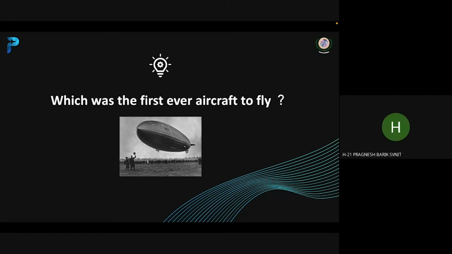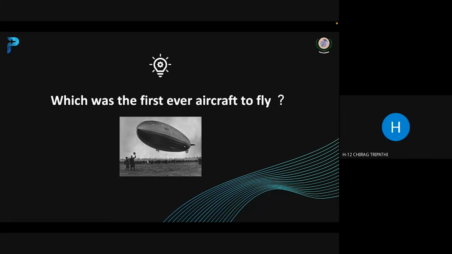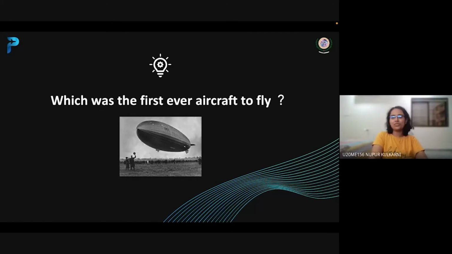A subset of aircraft. Yes, you are pretty close to this. They are different. An airplane is actually a type of aircraft in which the wings are fixed. Okay, that was the right one. An airplane is a subset of aircraft and it has fixed wings.